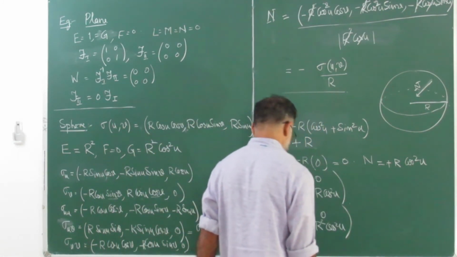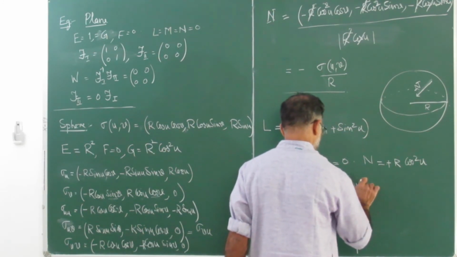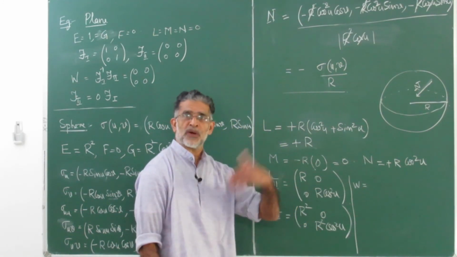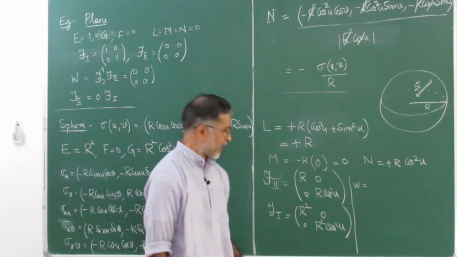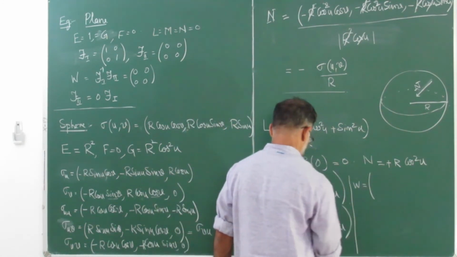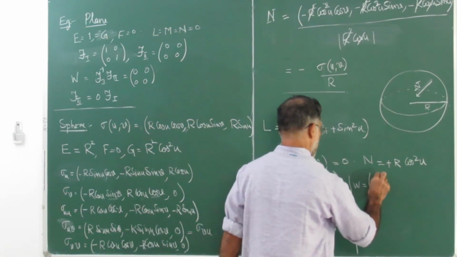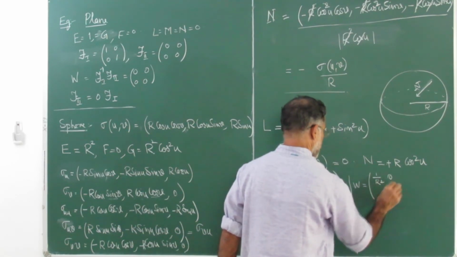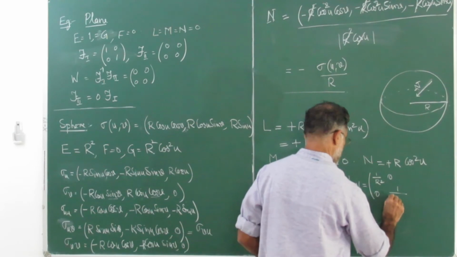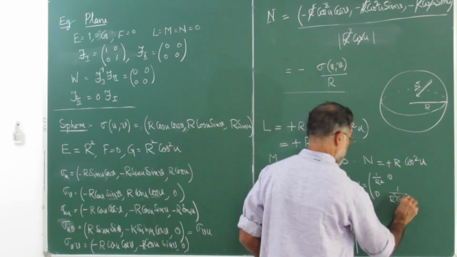So let us see what is F1 inverse, what is W. F1 inverse, if you use a diagonal matrix, the inverse is just write the diagonals 1 upon. So it will be 1 upon R square, so F1 inverse is 1 upon R square 0 0, 1 upon R square cos square u.